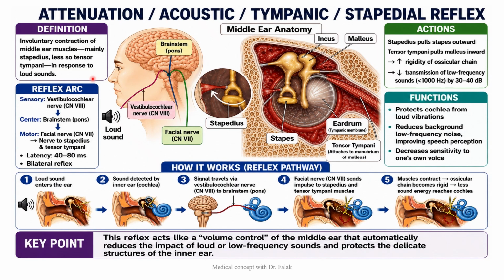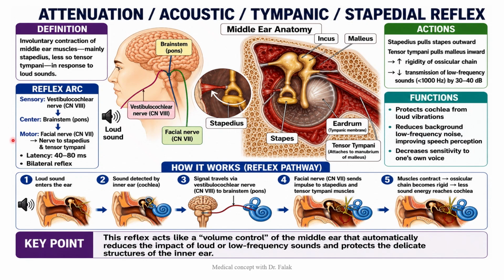Because the tensor tympani muscle is already in a state of contraction, so the role of the stapedius muscle is more in this reflex. As we are saying this is a reflex, it means that there are three main components: the sensory component, the central component, and the motor component. The sensory signals are carried through the vestibulocochlear nerve to the center in the brainstem, especially the pons.